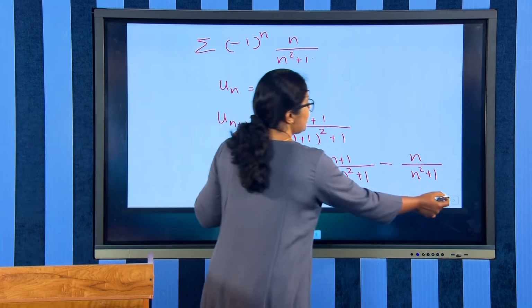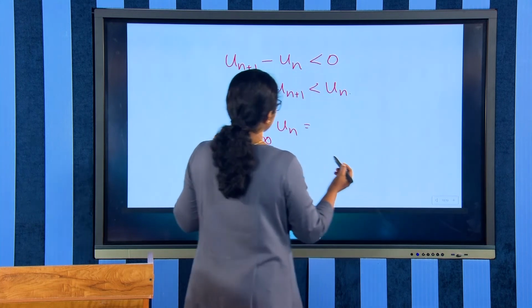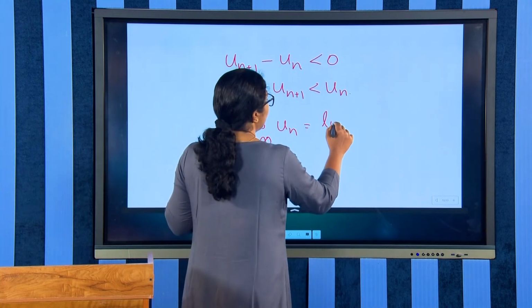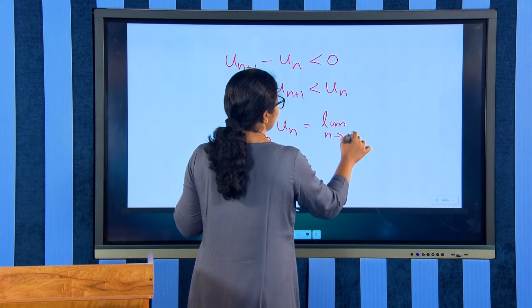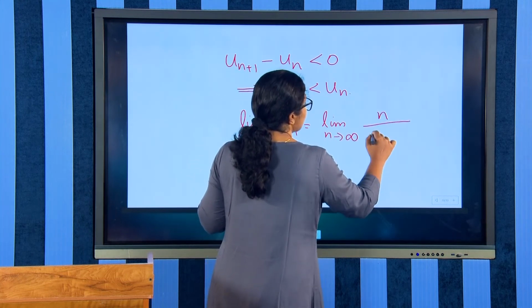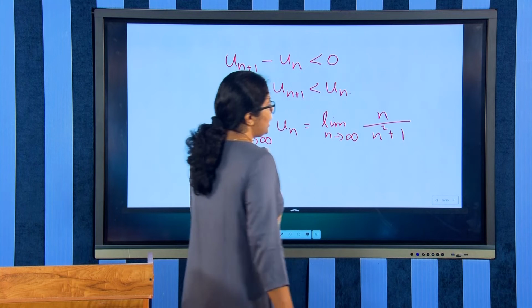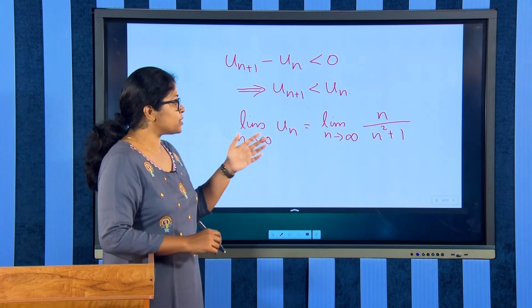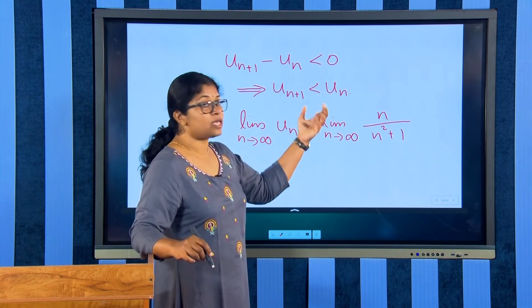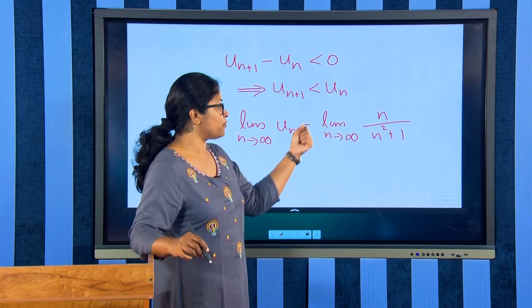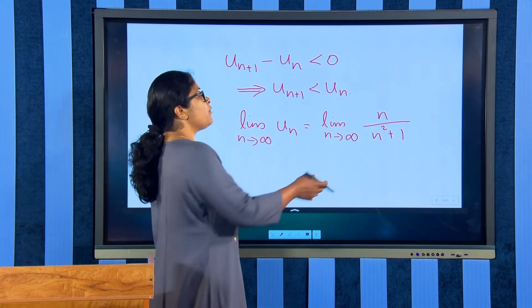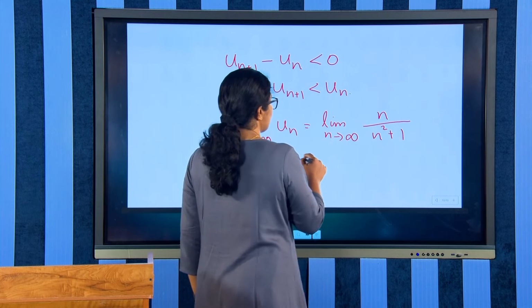So, limit n tends to infinity of un is equal to limit n tends to infinity of n upon n square plus 1, and as we have discussed in the sequences chapter how we can find such limits, we can take out the maximum powers of n outside.